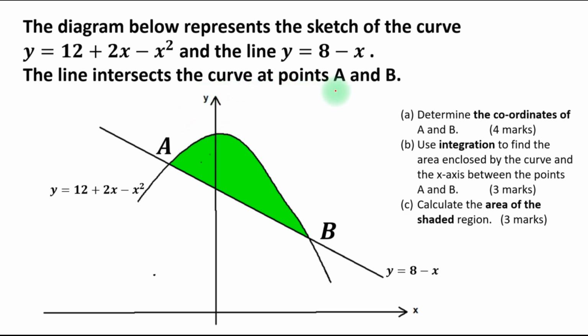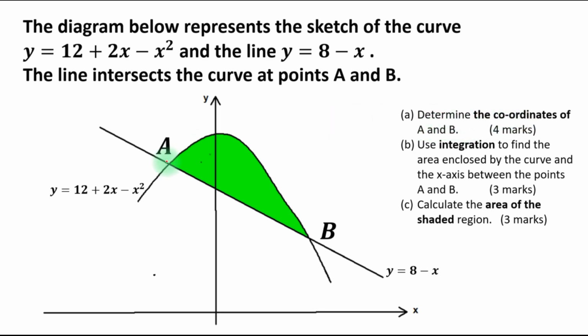The line intersects the curve at points A and B. So this is the curve y is equal to 12 plus 2x minus x squared, and we have the straight line, which is y is equal to 8 minus x.